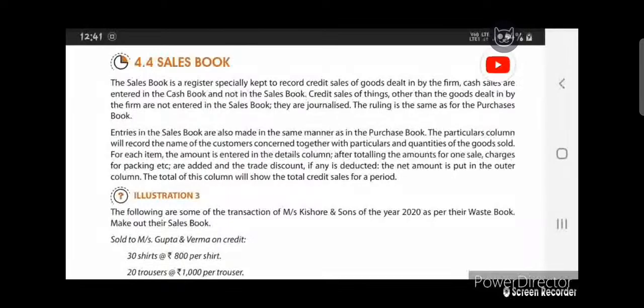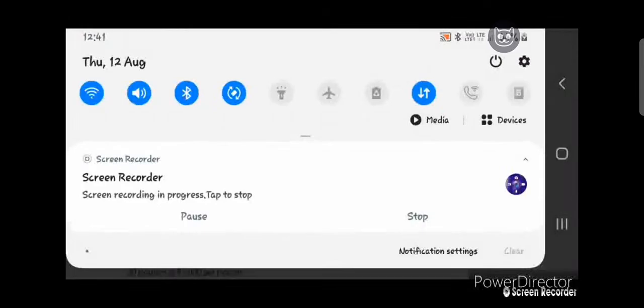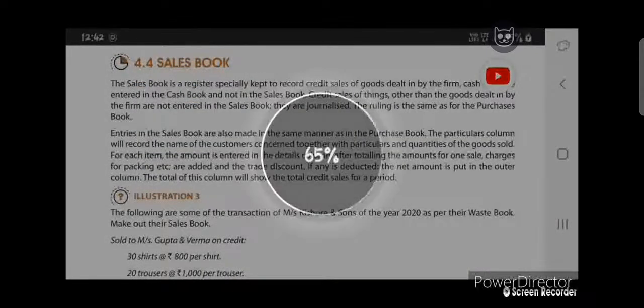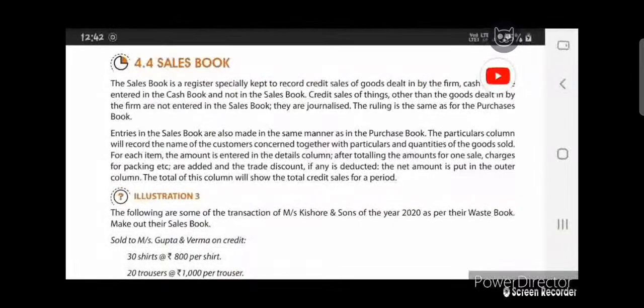The particulars column records the name of the customer, and the quantity of the goods sold to that customer, and each of the items sold. The amount for which you have sold to that customer you write in the details column.